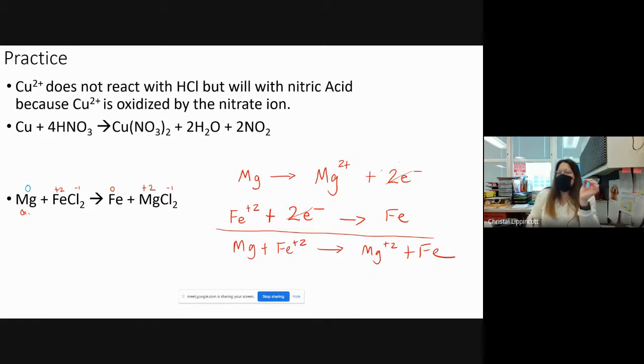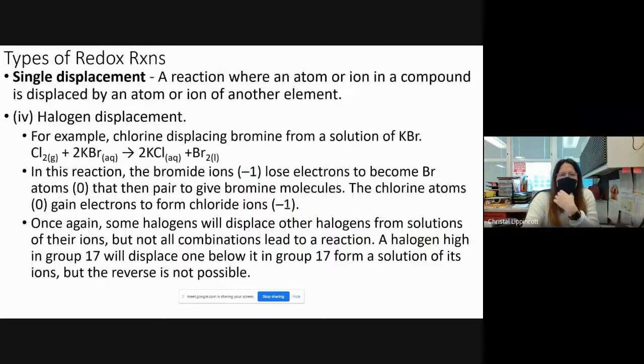If this did not match up electron for electron, like if there was a 3 here and a 2 here, you have to multiply through by coefficients to get those electrons to match up. That's what I'm looking for here, to see if I can find a sample that I can make that happen with.